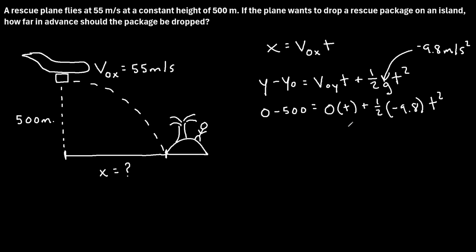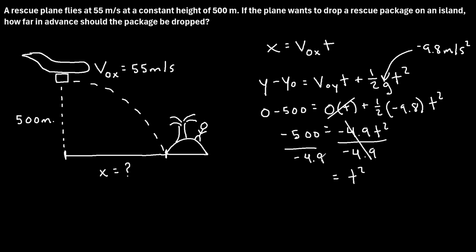This is pretty straightforward to solve for t. We get negative 500 is equal to, this first term is just 0, and 1/2 times negative 9.8 is negative 4.9, times t squared. To solve for t, let's divide both sides by negative 4.9. When we do that, these negative 4.9s cancel out, and we're left with t squared on the right-hand side.